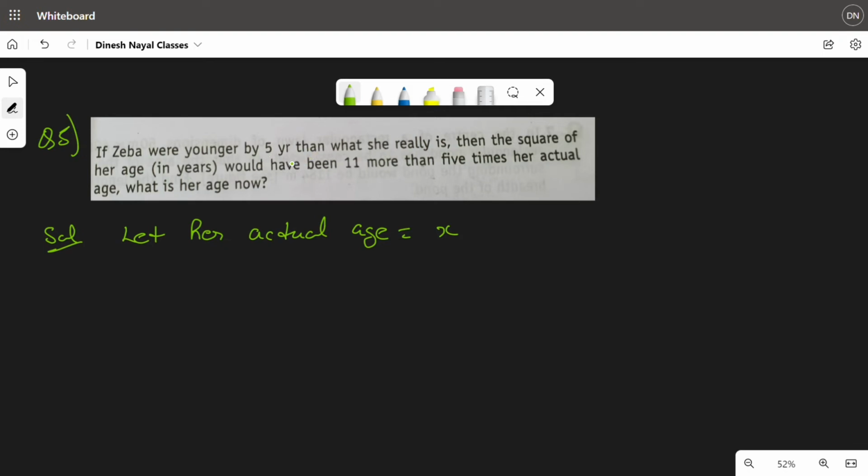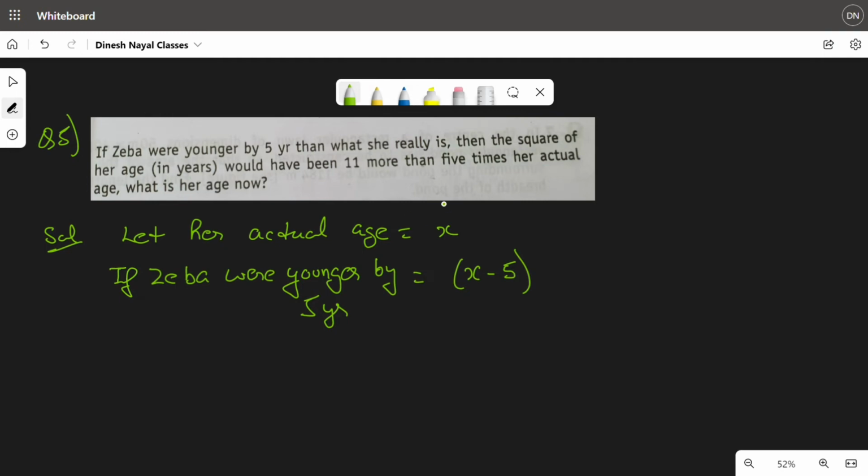When Zeba is younger by 5 years, you have to minus 5. So if Zeba were younger by 5 years, this will be x minus 5.